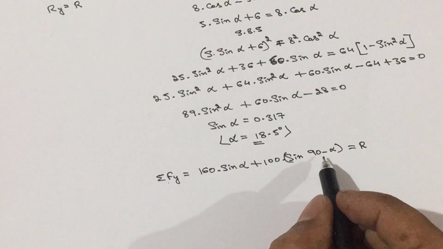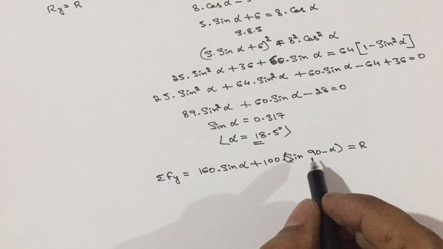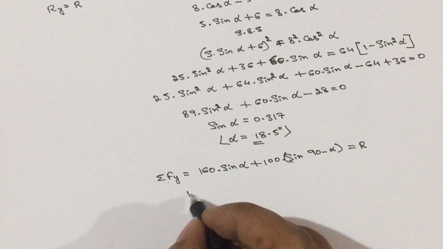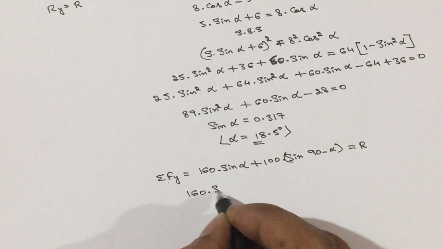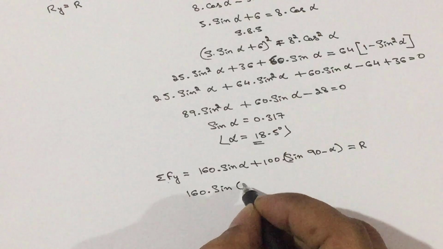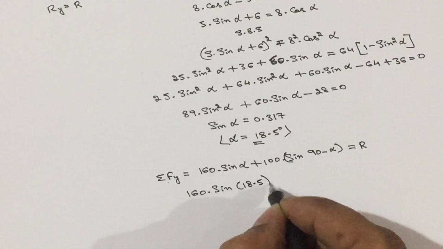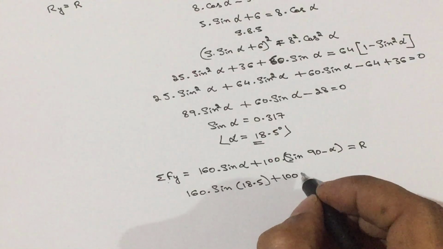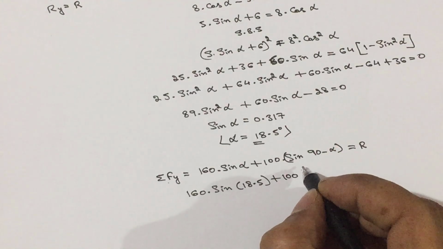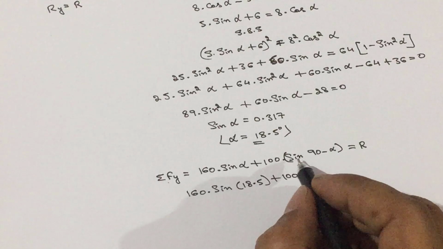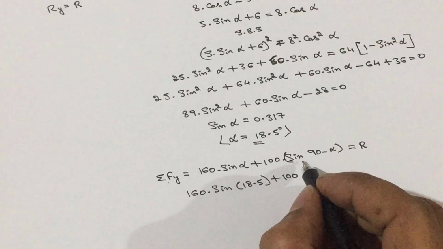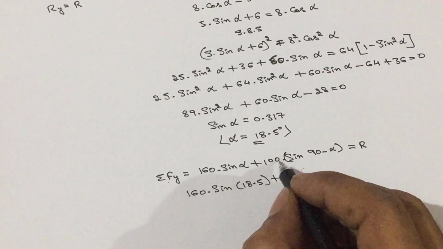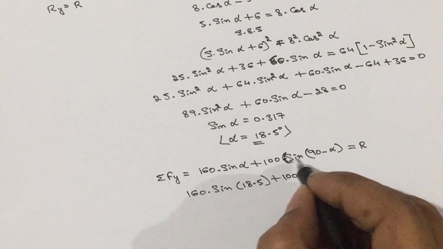We already know the value of alpha, substitute, so it will become 160 into sine of 18.5 plus 100 into sine of 90 minus alpha.